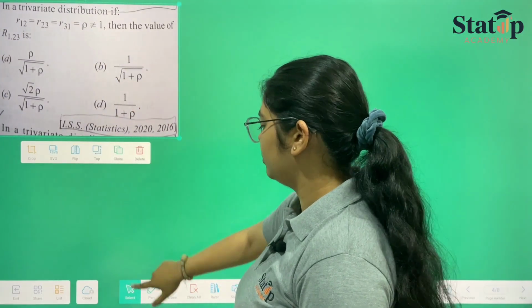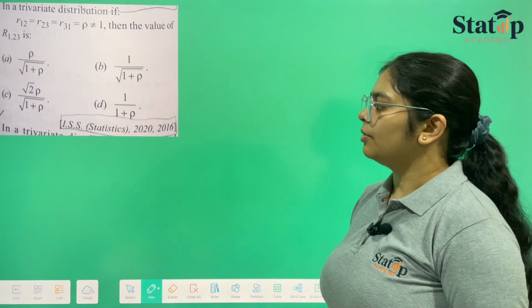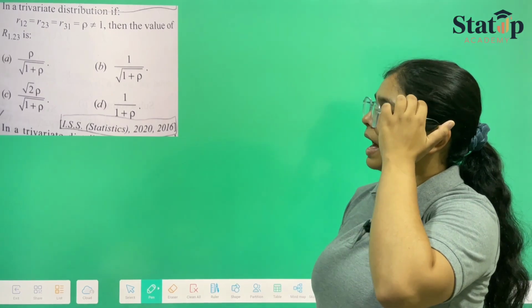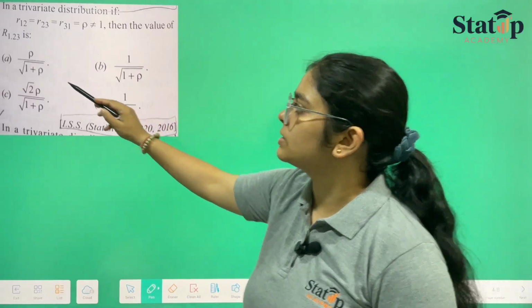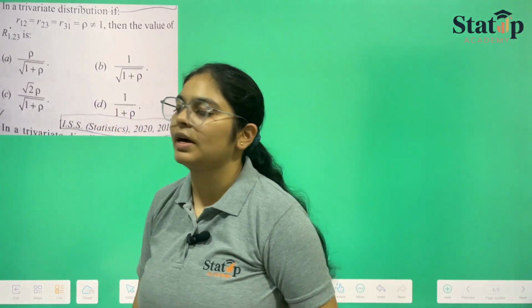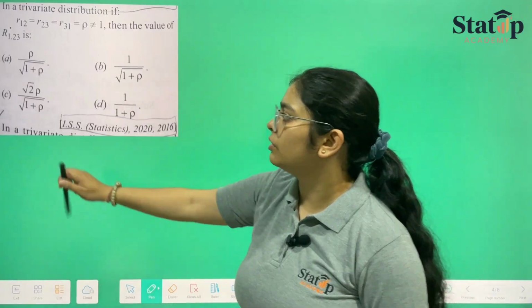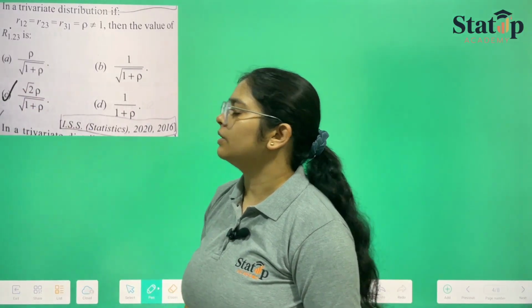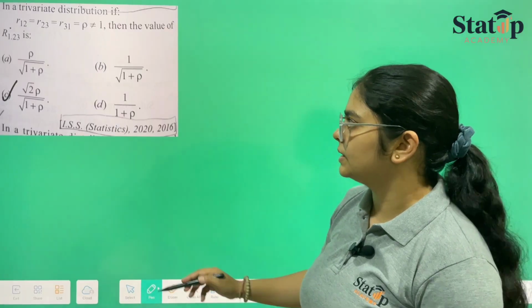This exact question has been asked 2 times in 2016 and 2020 in your PYQ. It is similar to what we just did, but there they asked us r square and here they have asked us only r. So we have to take the under root of the values. It will have the answer C, which is root of 2 rho upon 1 plus rho. Okay, let us see how.